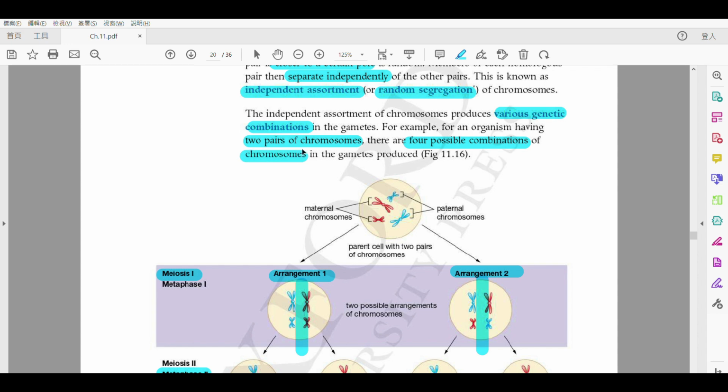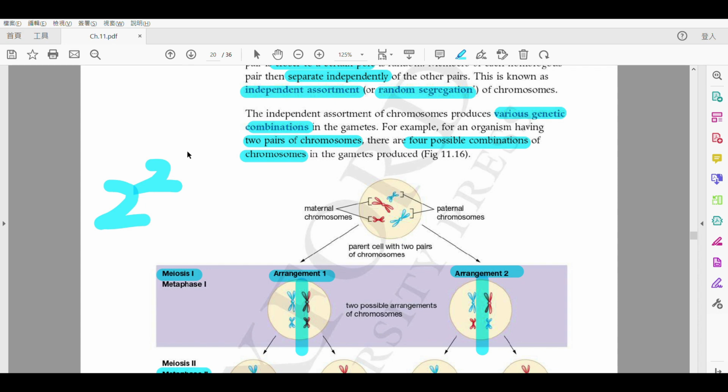How do you calculate it? It is 2 to the power of 2. But think about it: how many pairs of homologous chromosomes are in our body? 23, right?